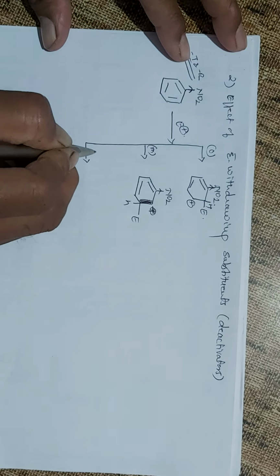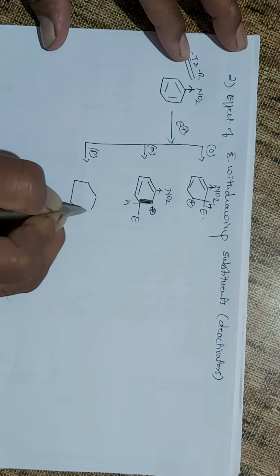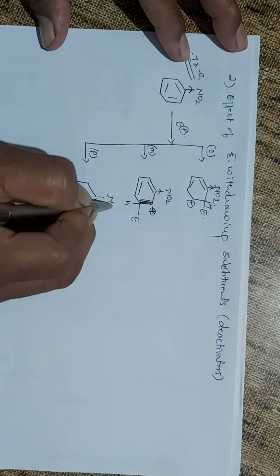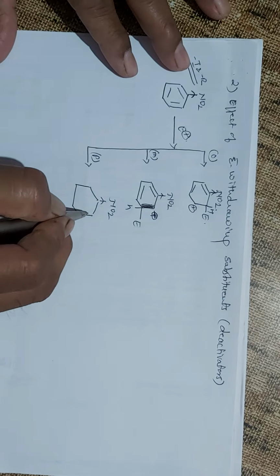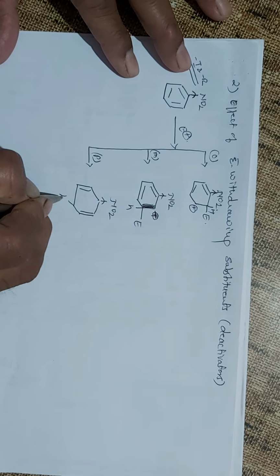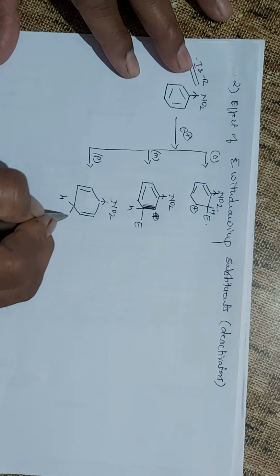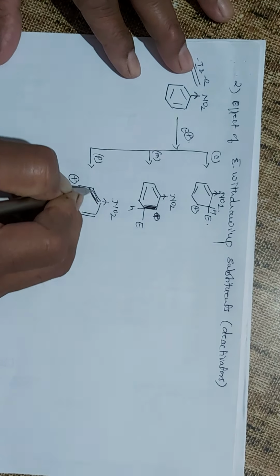And if the electrophile goes to the para position, again we will get the same type of resonating structures that we have seen in the last reaction, that is H, E. Here the double bond is at this position; this is not the double bond.